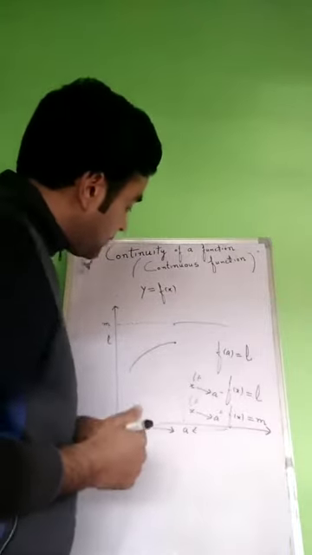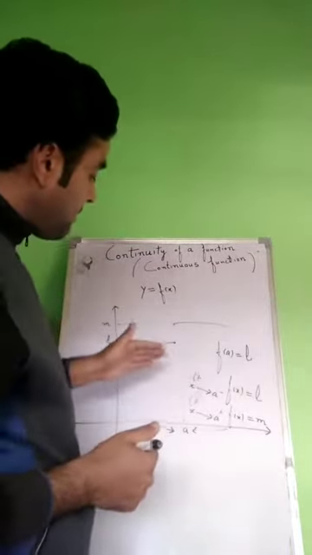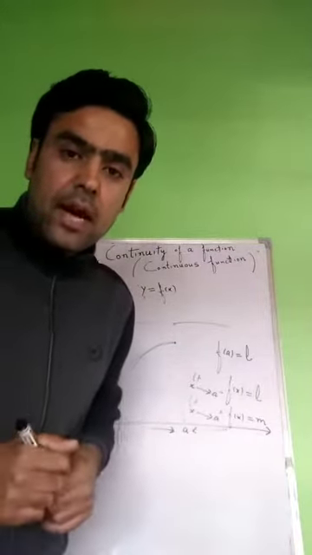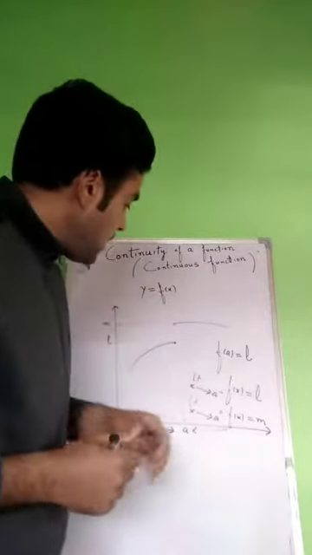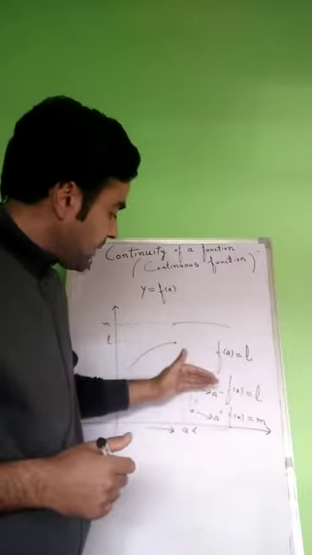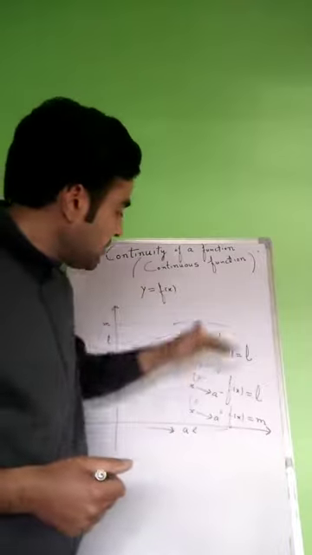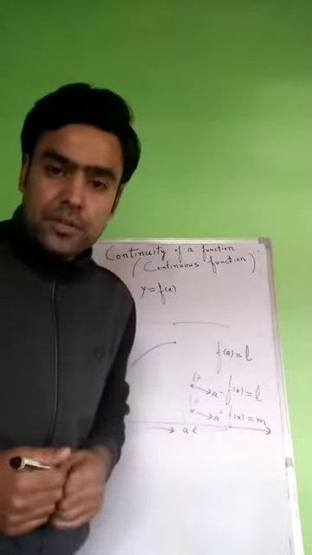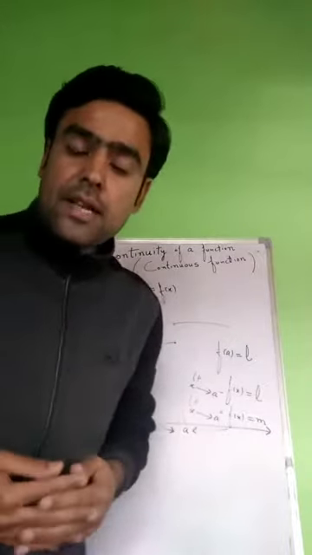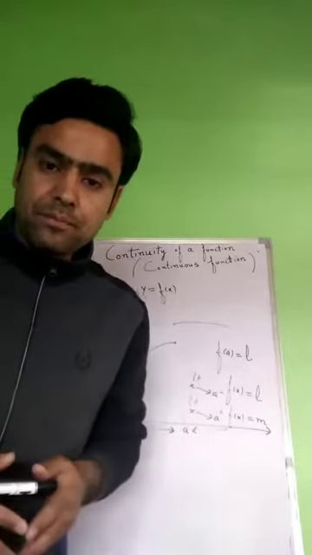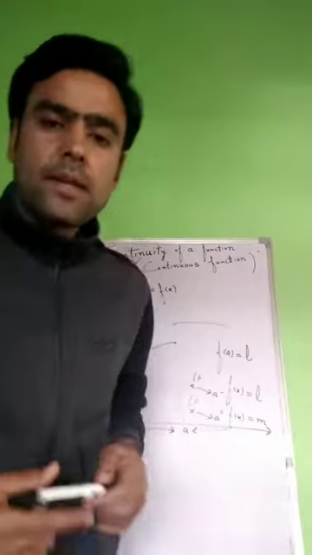Now, we can say that for a function to be continuous at a point, left hand limit must be equal to the right hand limit, which in turn must be equal to the value of function. Then only we can say that the function is continuous at a given point. Okay.